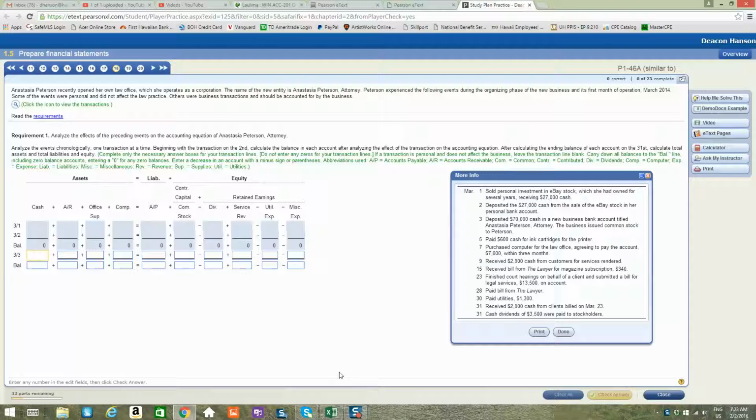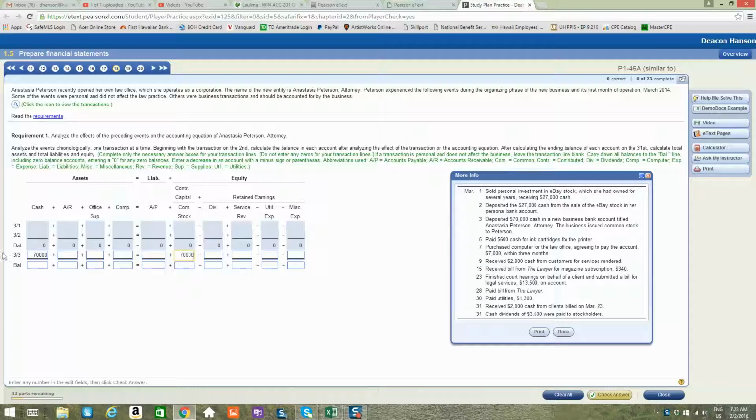Okay, now on the third, deposited 70,000 cash in a new business bank account titled Anastasia Peterson, attorney. The business issued common stock to Peterson. So remember, when the business receives cash, you're going to have a 70,000 increase in cash. And when it issues common stock, which is on the other side of the equation, you're going to have a $70,000 increase in common stock.